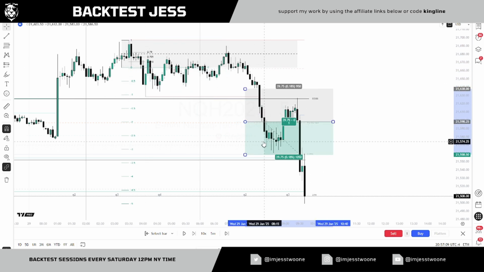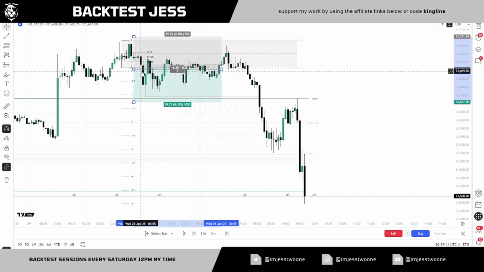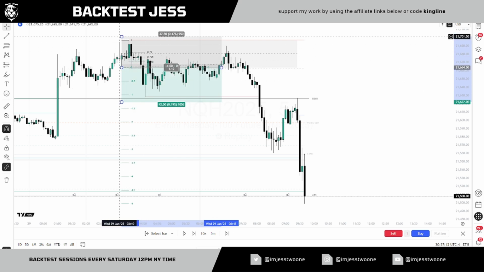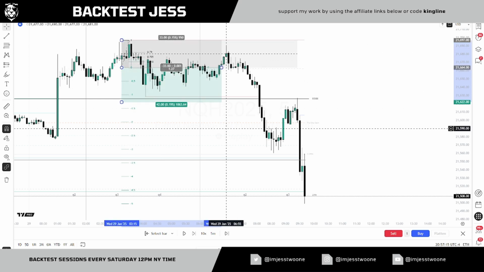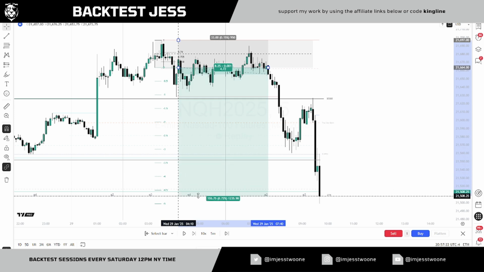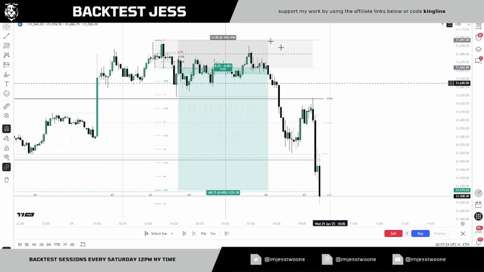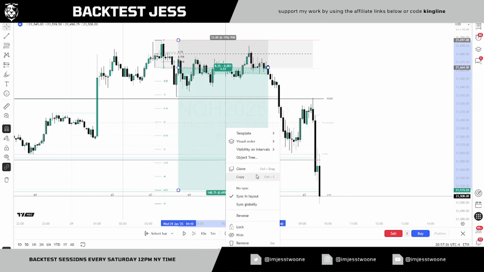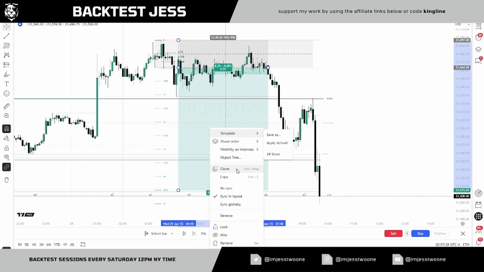Yep, 0.5 was outside the zone. So the first entry is the zone. Last TP is 4.5. So again, just bear with me as I get all these positions in place.